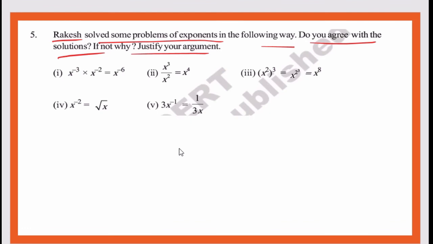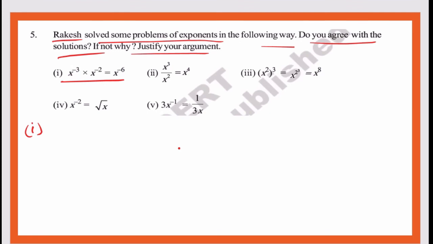So you state whether they are correct or not. If you say that it is not correct, then you need to tell the reason why it is not correct, right?